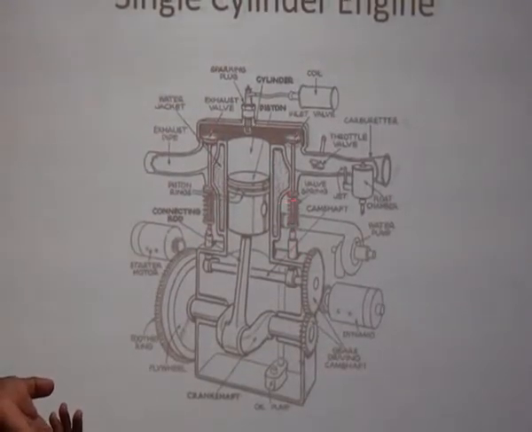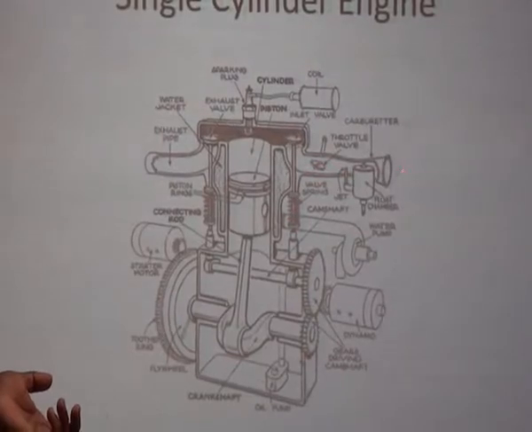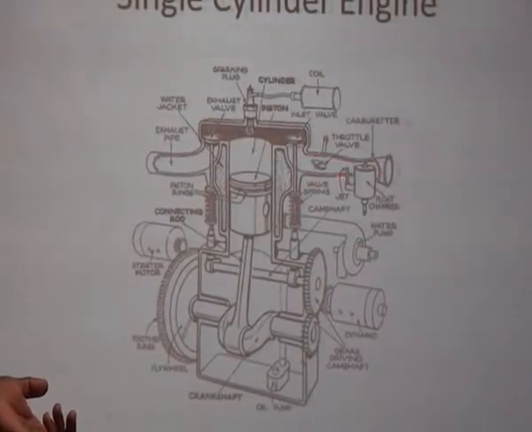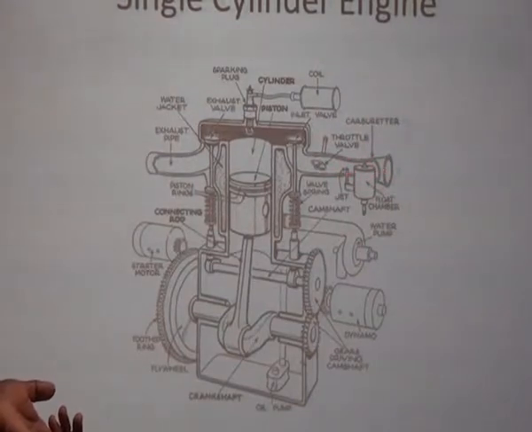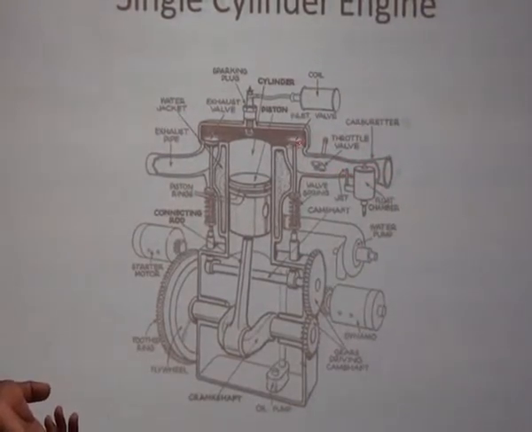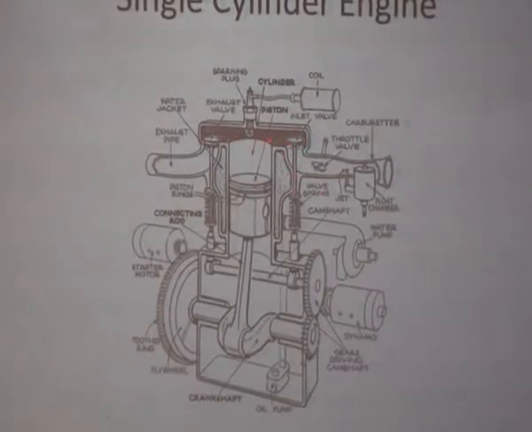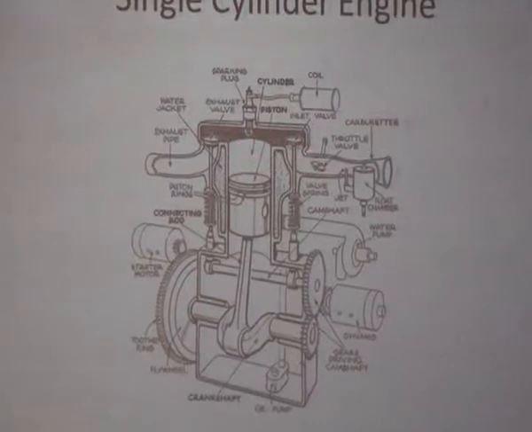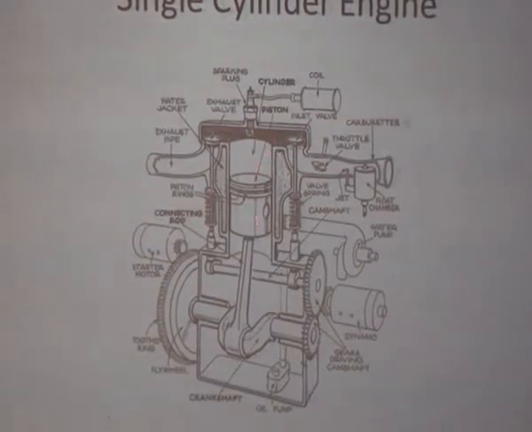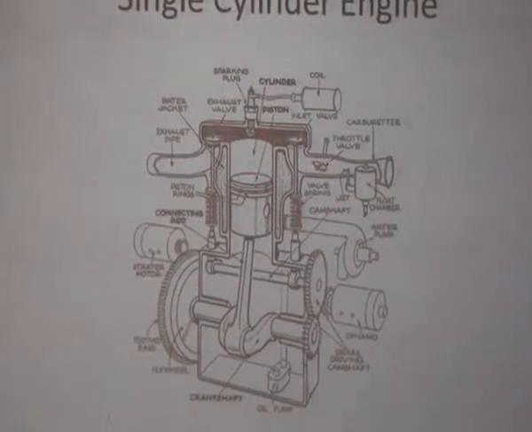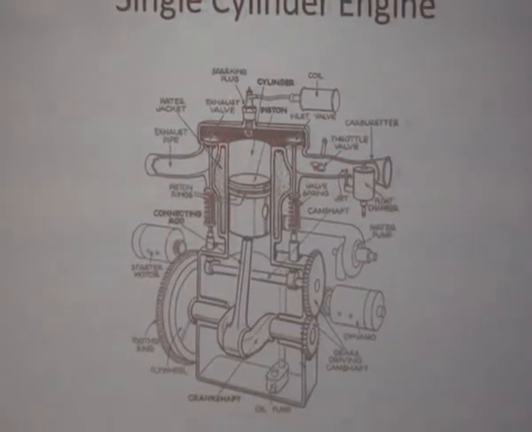Through the inlet valve, from the carburetor, the air-fuel mixture gets inside and is accumulated here. After that, the piston moves up. When it reaches the top, the spark plug is operated. A spark is produced. Then combustion takes place.